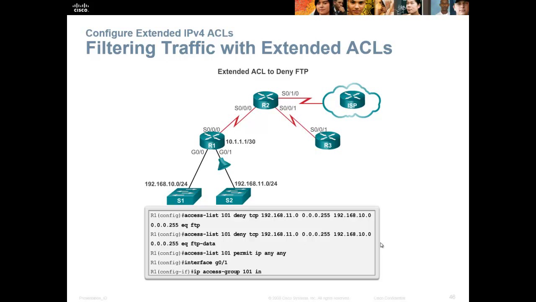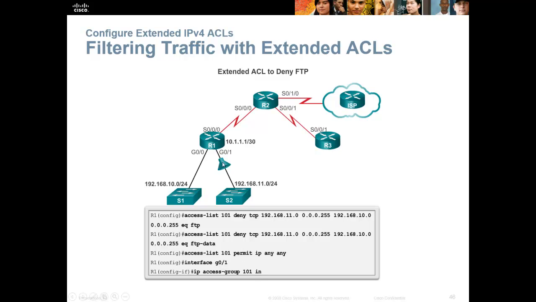So access list 101, deny TCP from this network, as long as it's equal to FTP. And then deny anything equal to FTP data, and then permit any. So permit traffic on IP from any host to any destination. And then go to gigabit 0/1 and apply that incoming.